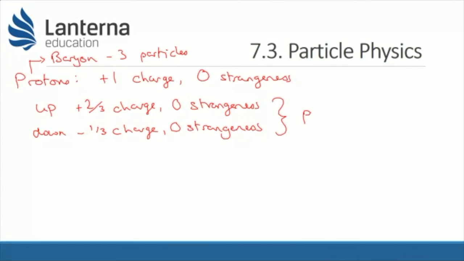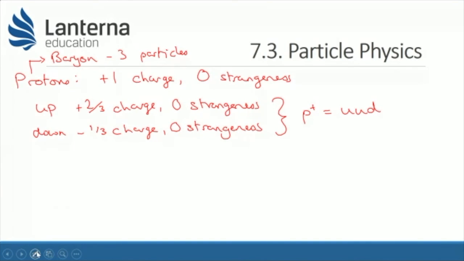So a proton, which I'll call a P+, is actually an up, up, down. So it's 2 up quarks and 1 down quark. And if we were to look at the mass of the quarks and the mass of the proton, and also the energy, we'd see that it matched between the two.